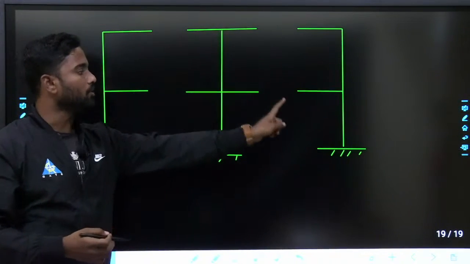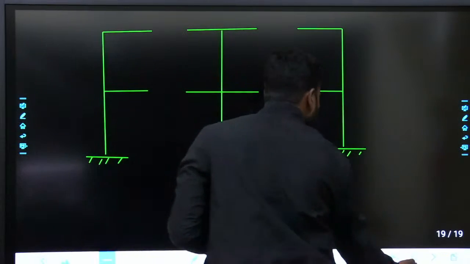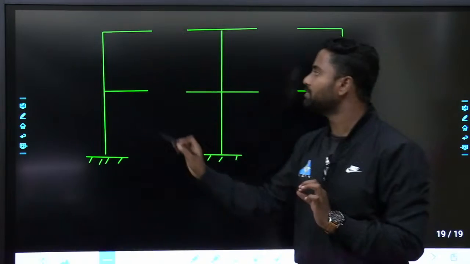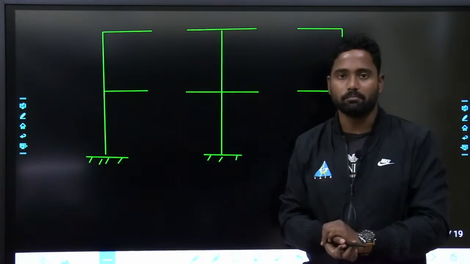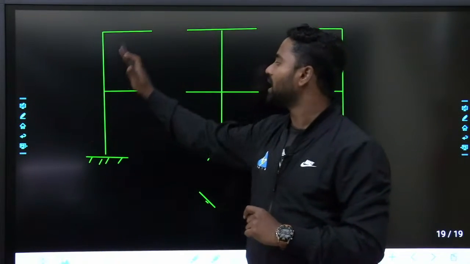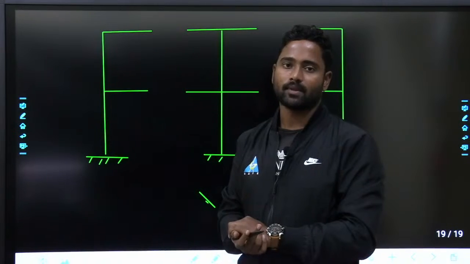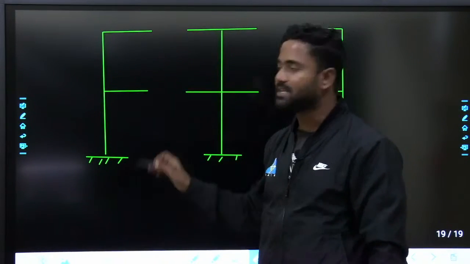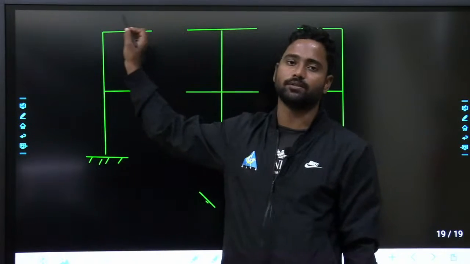After cutting, the structure looks something like this, and each part should behave like a cantilever. A cantilever beam means one end is fixed and the other end should be free. So one end is fixed, all the other ends are free, and this is considered a stable structure.